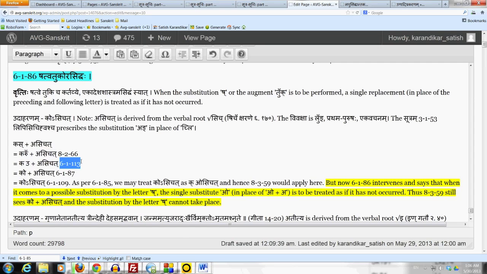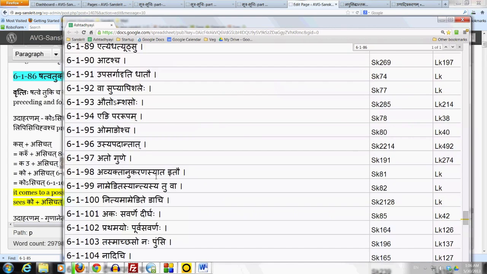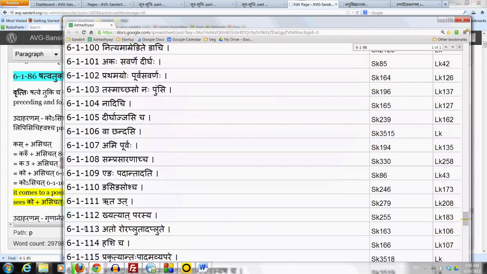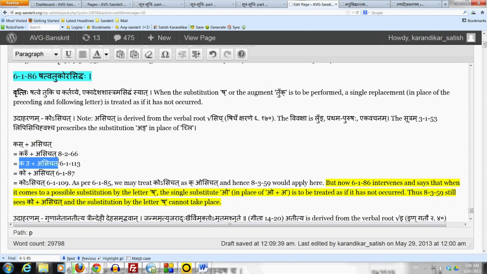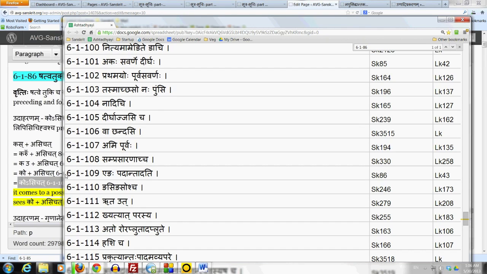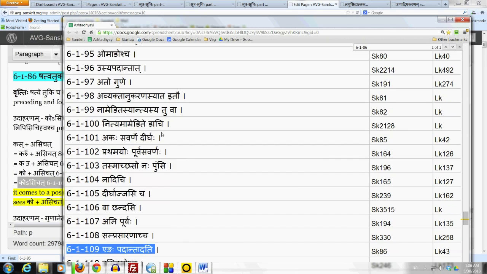Now in place of ru comes the substitution as per the sūtram 61113 ato ror aplutād aplute. These are all familiar operations to us, nothing special. So we get ka u asicat. Now ād guṇaḥ, in place of a plus u we get the substitution o, so we get ko plus asicat. And now by 61109 eṅaḥ padāntād ati, in place of o plus a we get a single substitute o, so we get ko 'sicat.